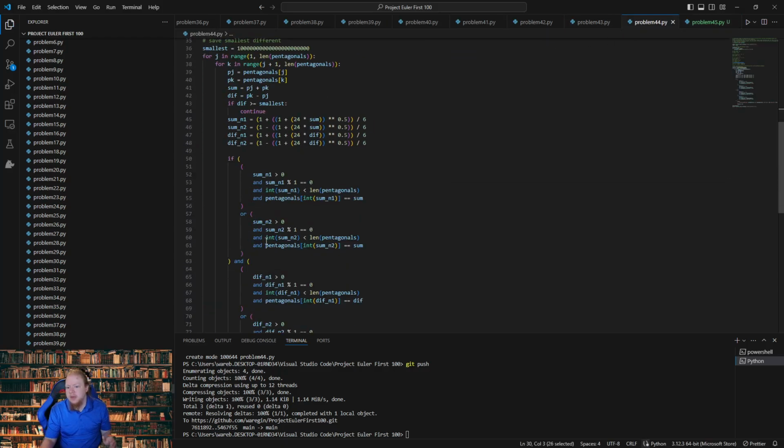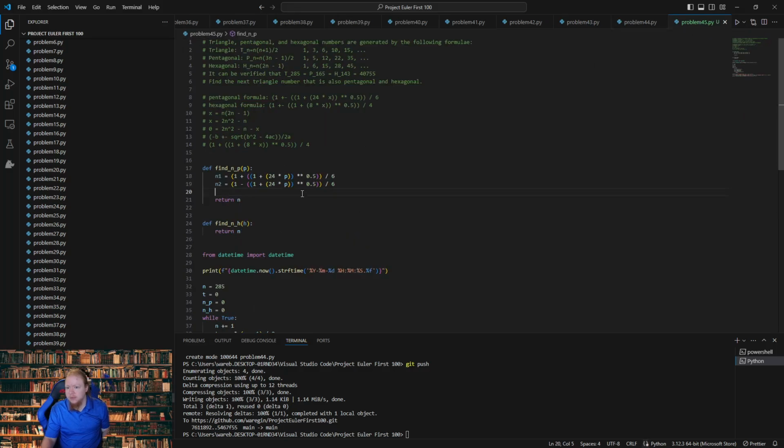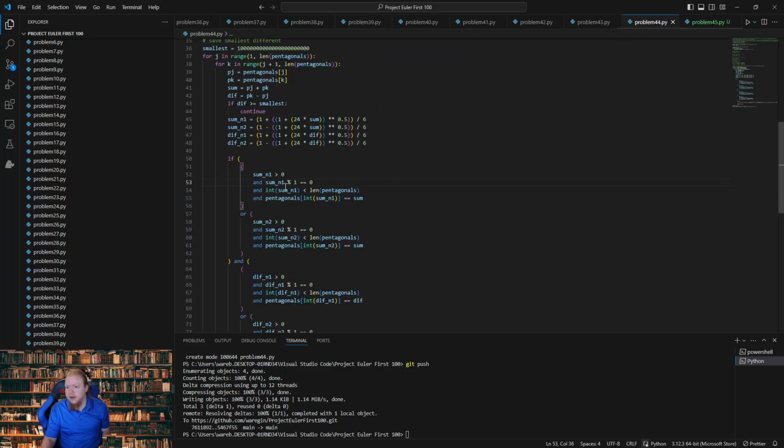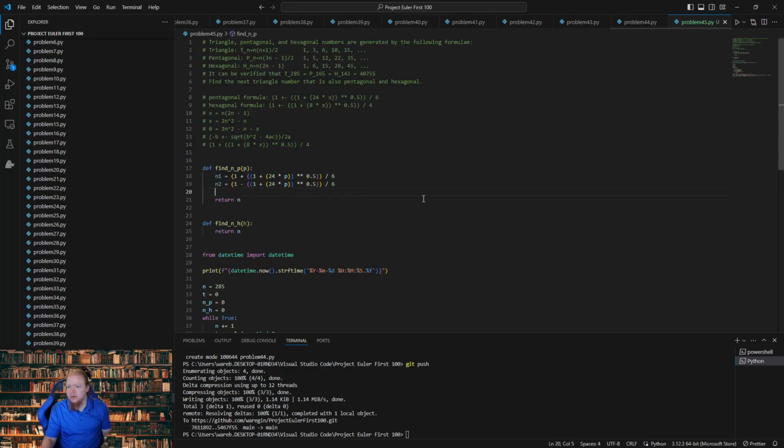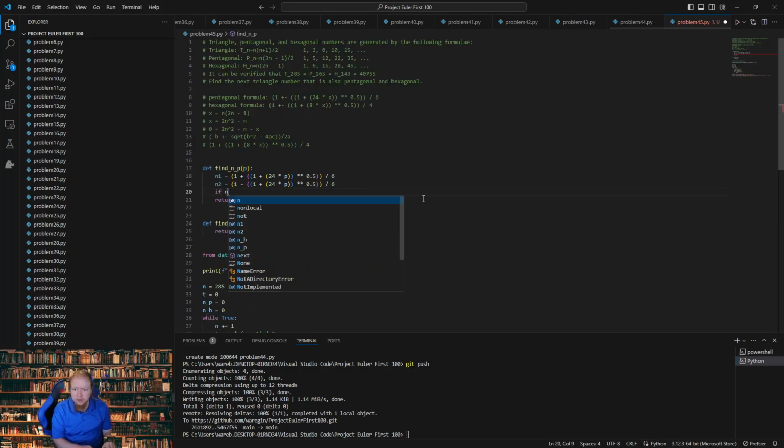And then similar to what we did here, we want to see if n1 is greater than 0 and an integer. I think that's all we need to figure out. And I'm going to go ahead and do a third check here. So if n1 greater than 0 and n1 mod 1 equals 0, so it's an int.